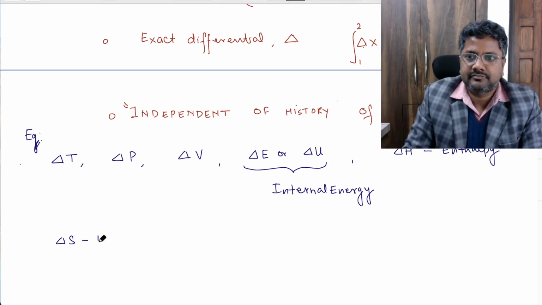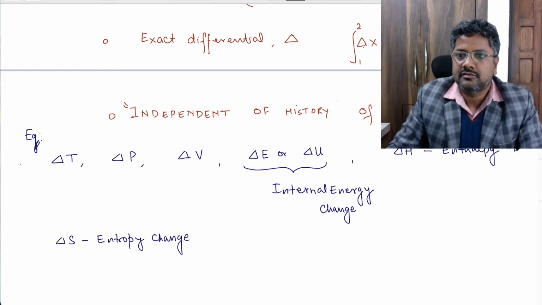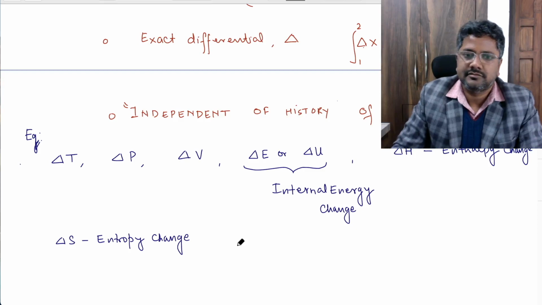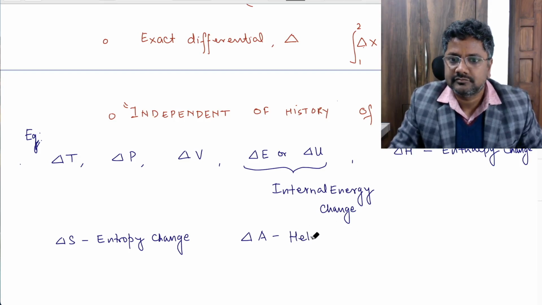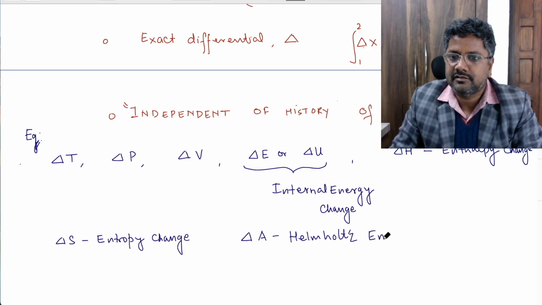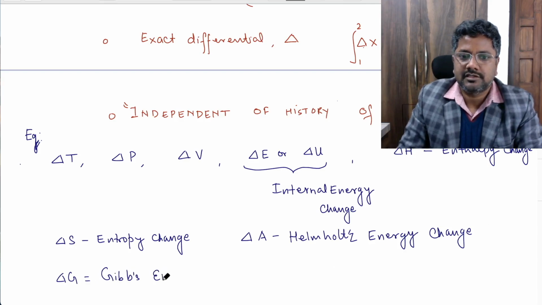Delta S, entropy change, internal energy change, enthalpy change, delta A, Helmholtz energy change, and delta G, Gibbs energy change, right?